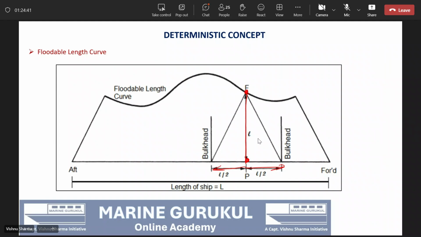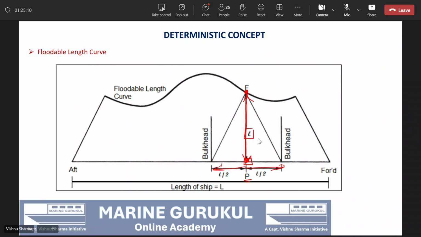You can't have a compartment greater than this at P, otherwise the bilging of that bigger compartment will lead to the immersion of the margin line. So this L, which is the floodable length, will be with P as center. If somebody asks what is the maximum floodable length at P, it is L.